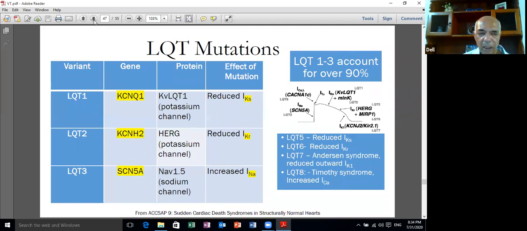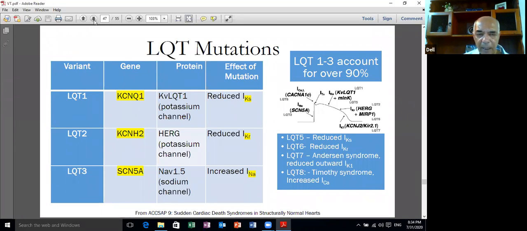Long QT2 is due to loss of function of IKr. Also, all the drug-induced long QT prolongation is due to inhibition of IKr. There is no drug that can inhibit IKs. There was one, but it is no longer used at all. So IKr is responsible for long QT2.